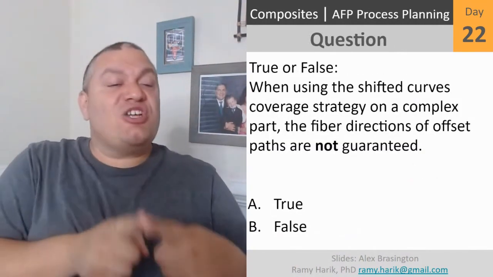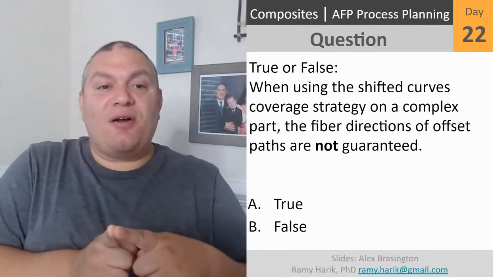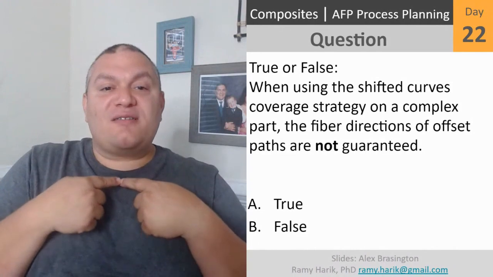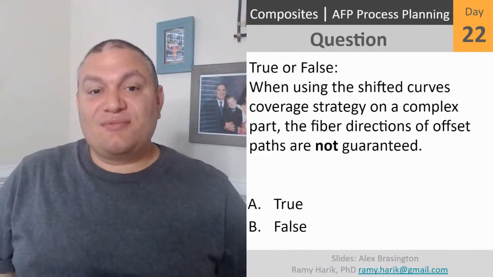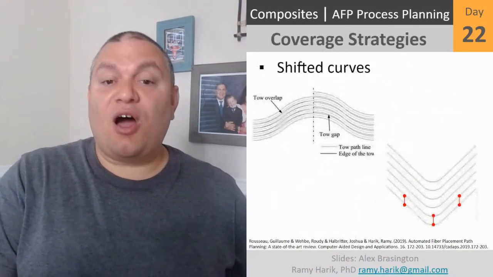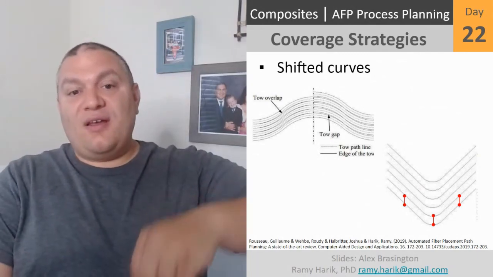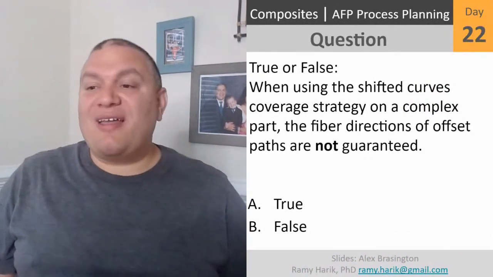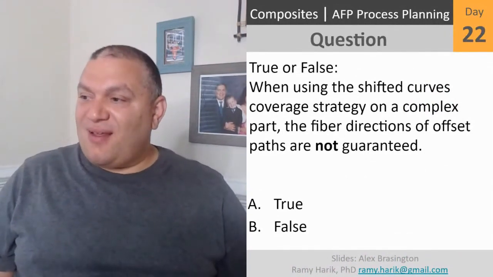So when using the shifted curves coverage strategy on a complex part, the fiber direction of offset parts are not guaranteed. Do you think that is true? Do we look at this once again? Are we changing the fiber directions from the original path? Is there anything changing or not? So go ahead, answer true or false.